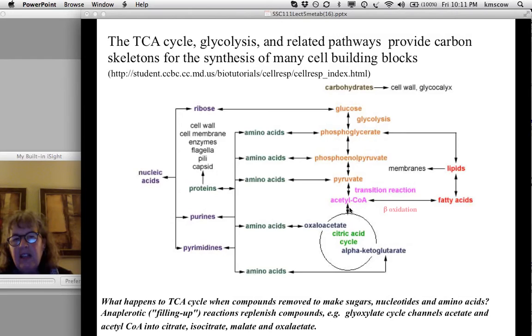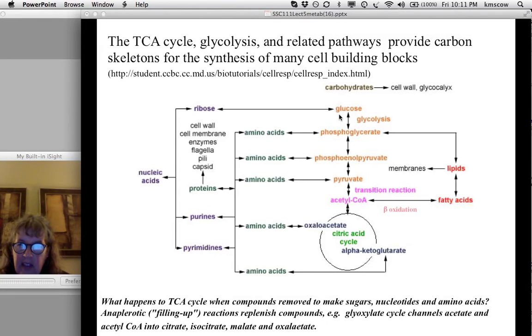But you can see, like, acetyl-CoA is really important for fatty acids that make lipids, right? That's the building block of that. Amino acids are made from a variety of different building block compounds that are both in the TCA cycle but also in this glycolysis region.